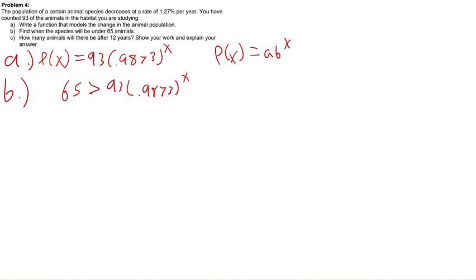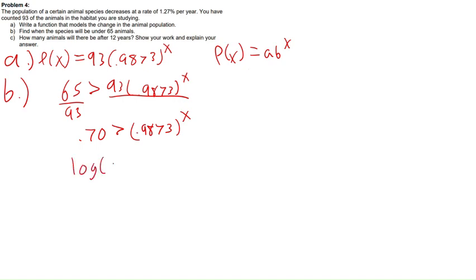That's the time. So to start off, we can divide both sides by 93. So 65 divided by 93 equals 0.70. So now we have 0.9873 to x.